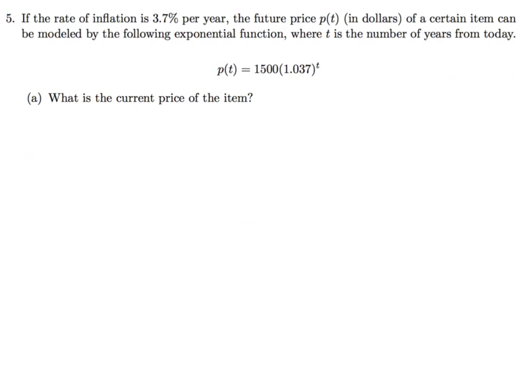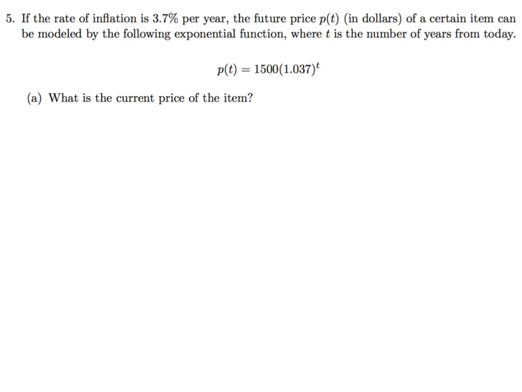Okay, great. Let's look at the next one. Number 5 says that the rate of inflation is 3.7% per year, and the future price in dollars of a certain item can be modeled by the exponential function P of t equals 1500 times 1.037 raised to the t, where t is the number of years from today.